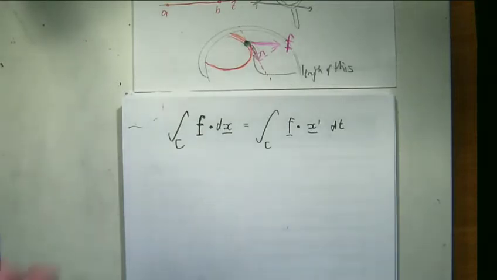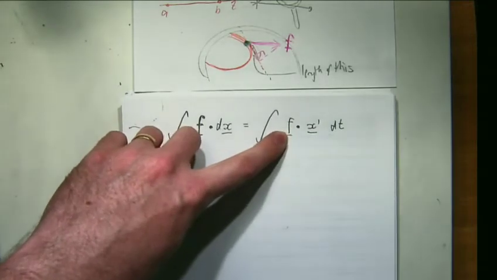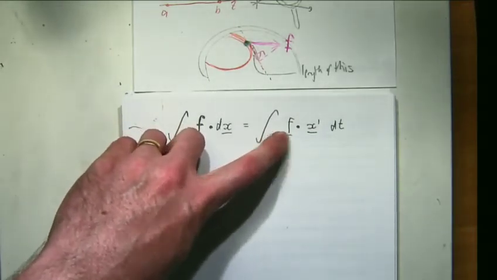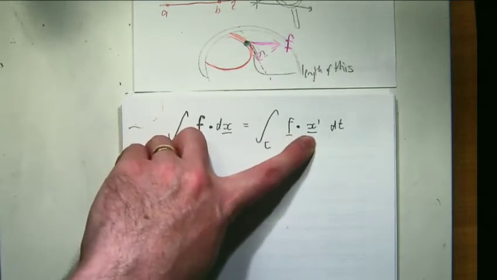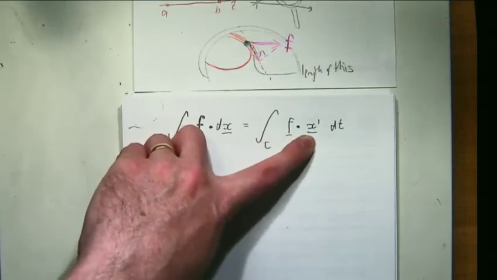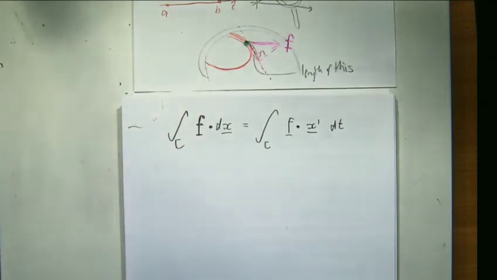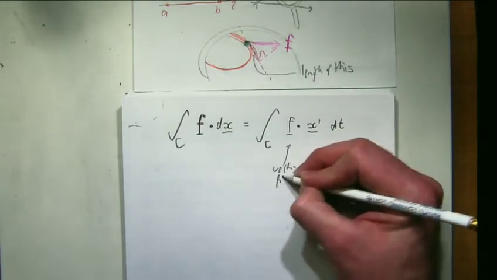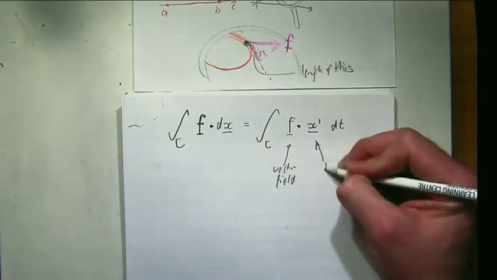Okay, so that F is the vector at this exact spot. At any particular spot on the curve, it's the vector from the vector field, and this x dashed is the vector that points in the direction of the tangent.